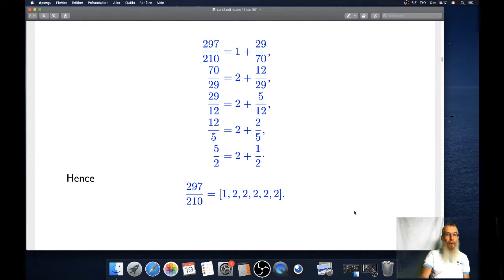By the way, this is the second criterion of irrationality that we see in this talk. The first one was with the decimal expansion. The number is rational if and only if the decimal expansion is ultimately periodic. And now the continued fraction is finite if and only if the number is rational.